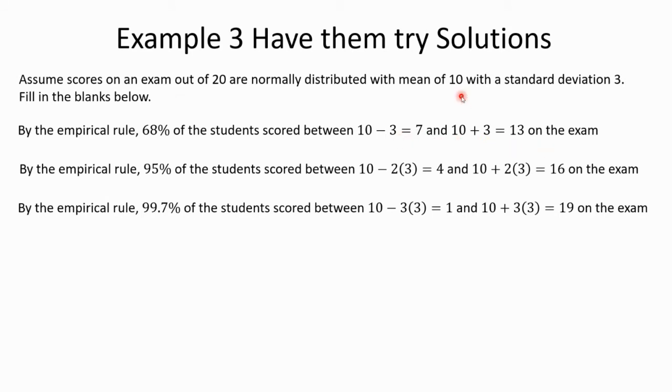We have the mean, and we're subtracting the standard deviation. For 68% of the data, 68% of the students' scores were between 10 minus 3 and 10 plus 3. So between 7 and 13.